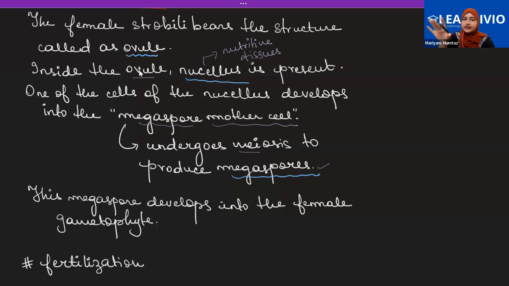Before developing into the seed, it is called an ovule, and it has a lot of nutritive tissue in it. One of the cells of this nutritive tissue becomes the megaspore mother cell. Why? Because this megaspore mother cell will form the megaspore, which is the spore of the gymnosperm.